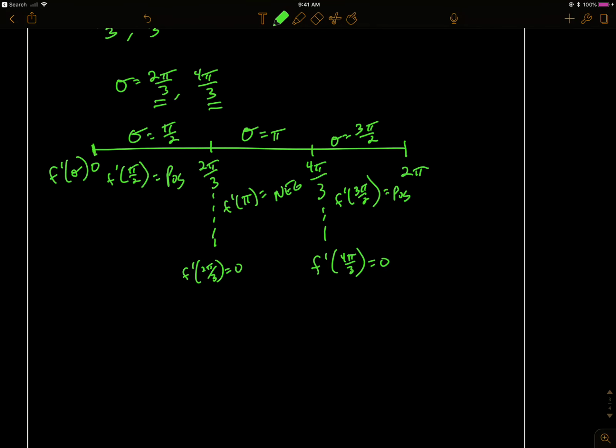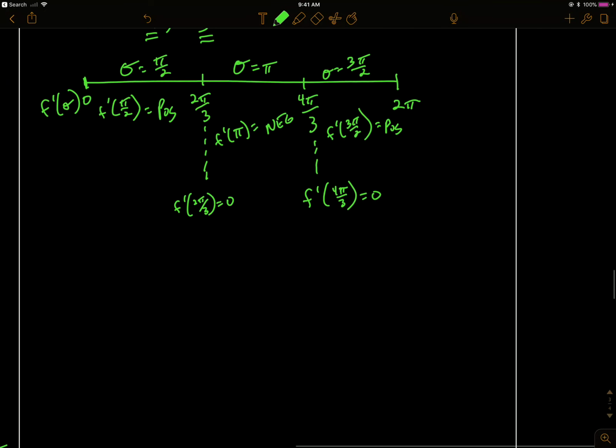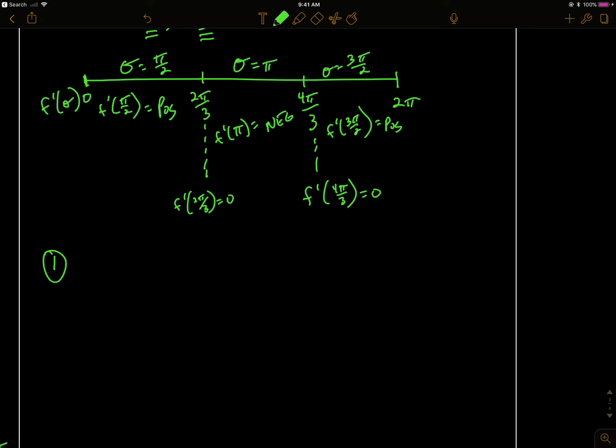So now I have all my information about f prime. I can make my statements like I did over here about f of theta. So f of theta is increasing on, and you can make these statements, and so pause the video and see if you got them right. And actually, I'll put them up to start class and we'll check them in class. So we're done.